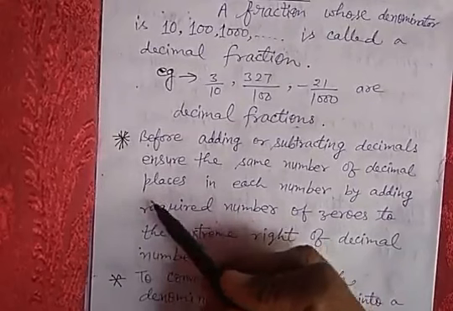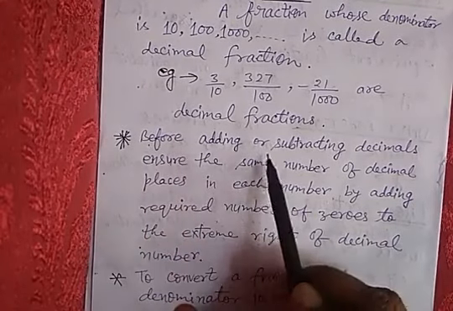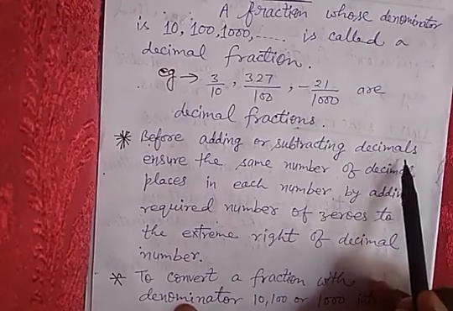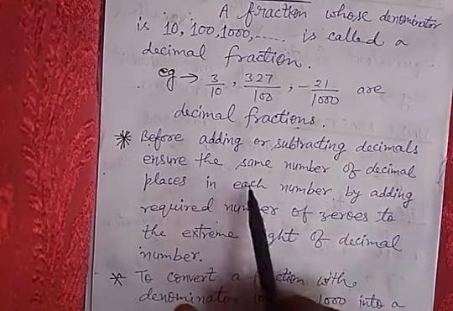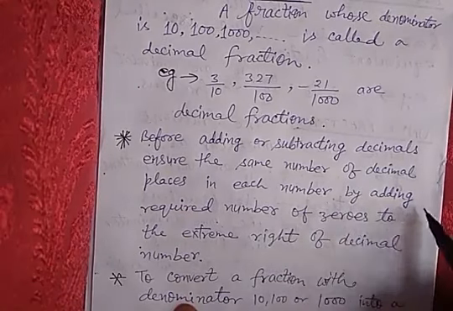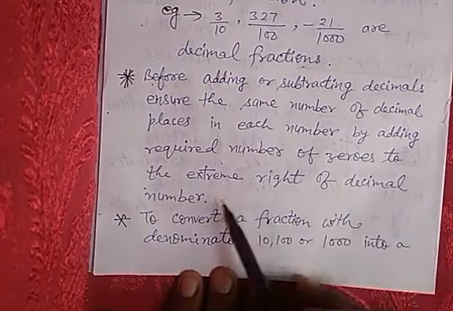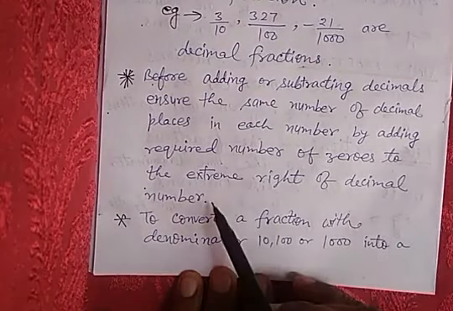Important points are: First point is, before adding or subtracting decimals, ensure the same number of decimal places in each number by adding the required number of zeros to the extreme right of a decimal number.